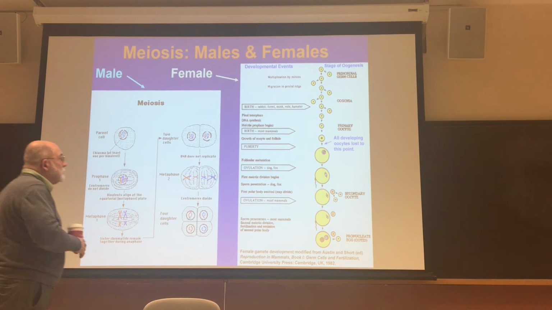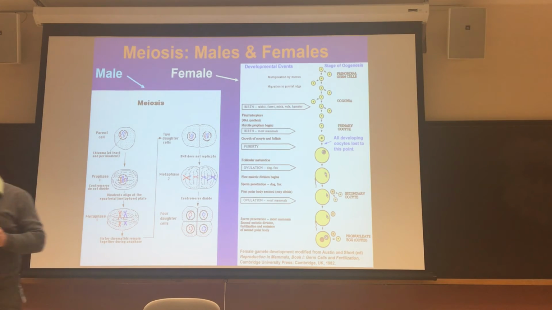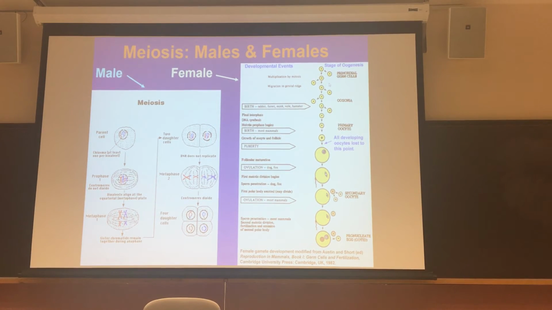egg production in the female. I talked a little bit about this before when we talked about meiosis, that it's different than the simple form that occurs in the male. In the female, the oogonia, the germ stem cells, are going to continue to mitose until a bit before birth. Once you get to birth, in most mammals, a few exceptions, the oogonia cease mitosis.